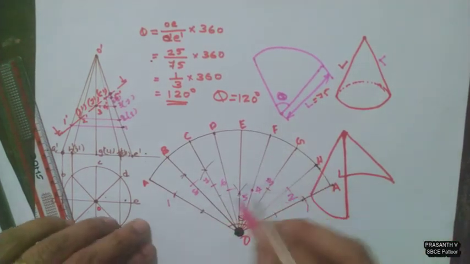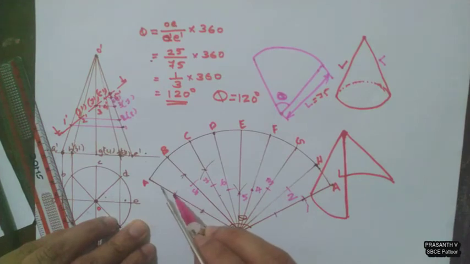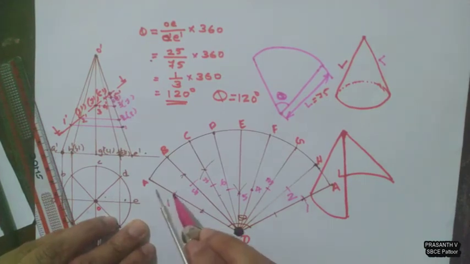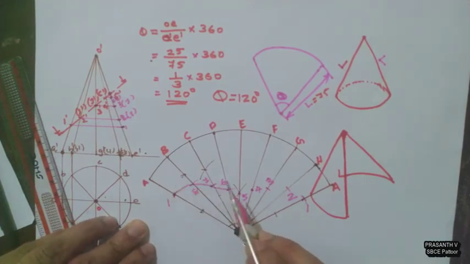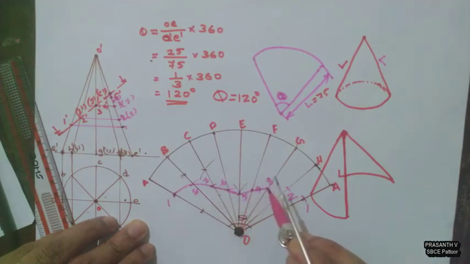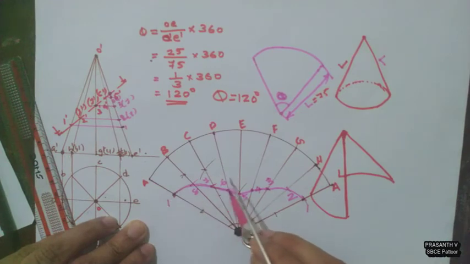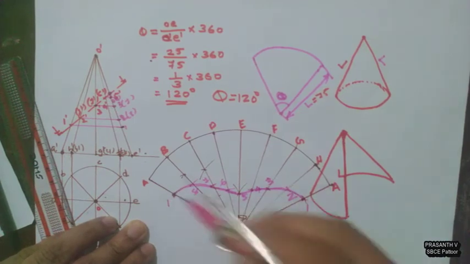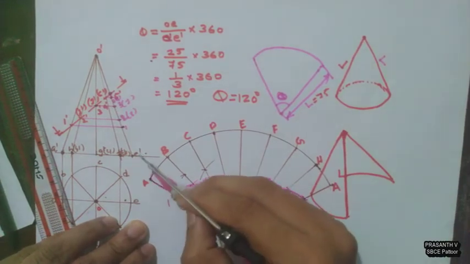After getting all these points, simply join all these points as a freehand curve.